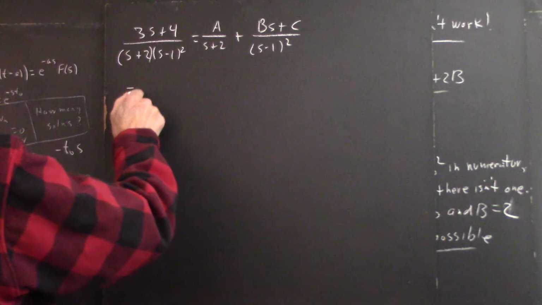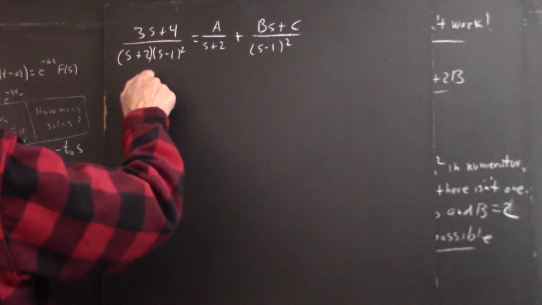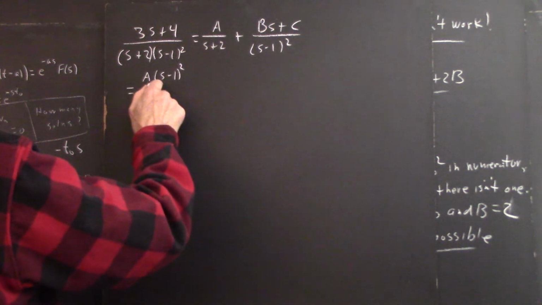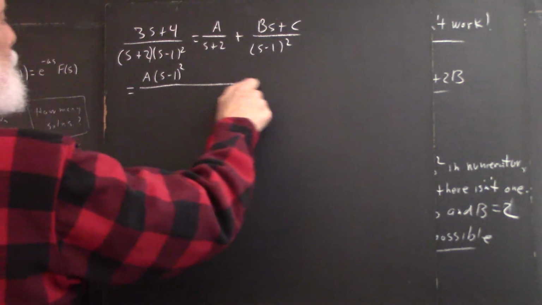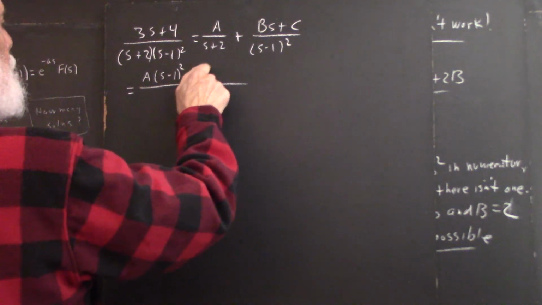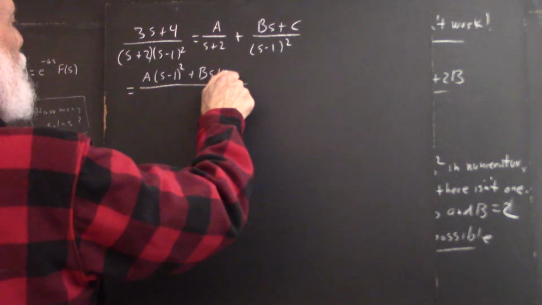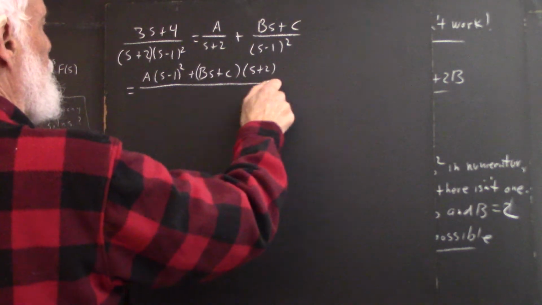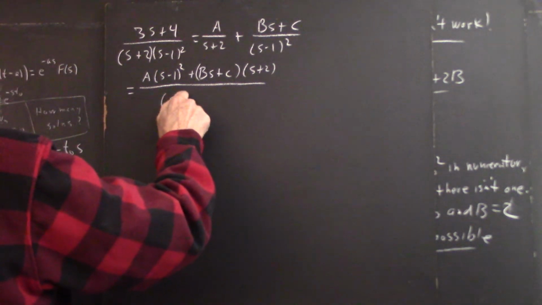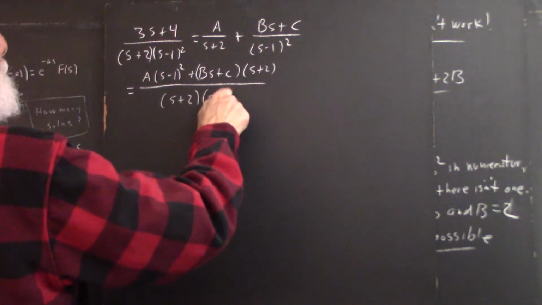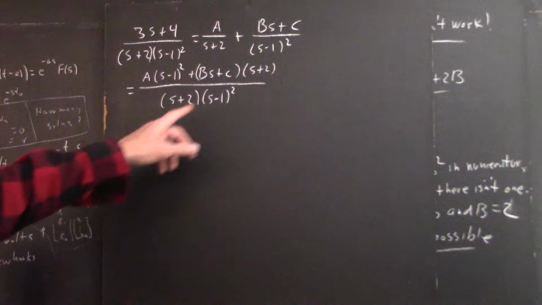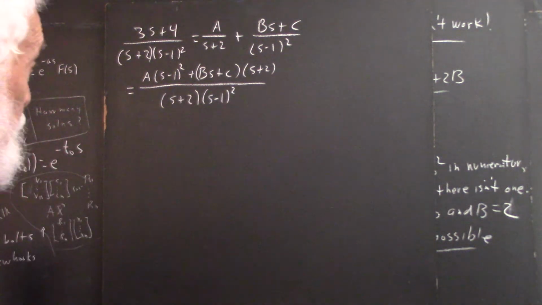Well, that's going to then be A times the quantity S minus 1 squared over, well, and then it's going to be plus BS plus C multiplied by S plus 2, divided by quantity S plus 2 times quantity S minus 1 squared.